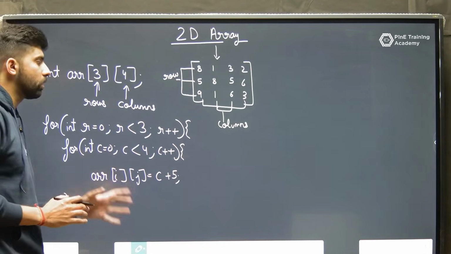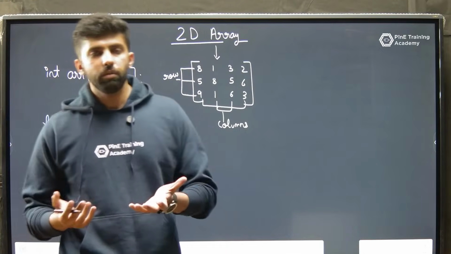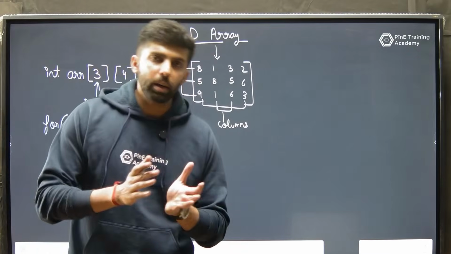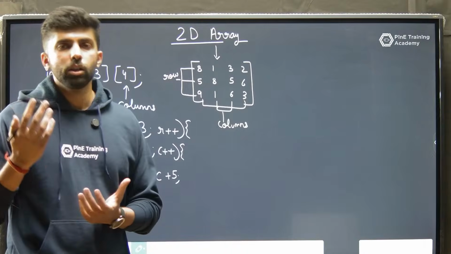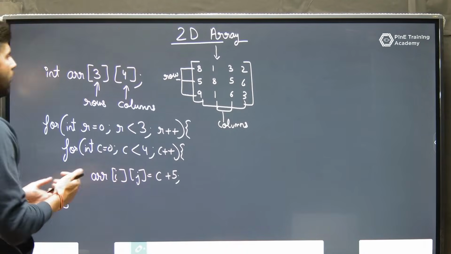Next we have 2D array, right? So we have already studied array. An array is a collection of multiple elements of the same data type. A 2D array just stores the data in 2 dimensions. Okay, so like this.